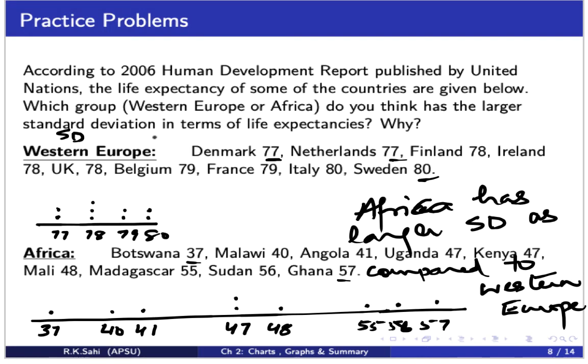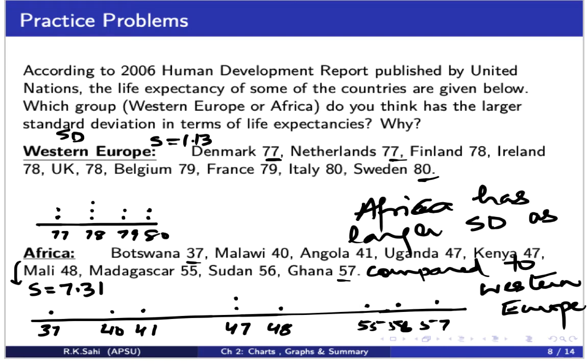For Western Europe, the standard deviation, the little s, is 1.13. For Africa, the standard deviation is 7.31. Notice this number definitely matches up, there's a big difference in that there's a larger spread. And 1.13 is very small because those data values are very close to each other.